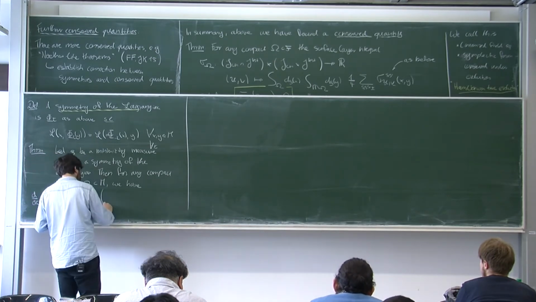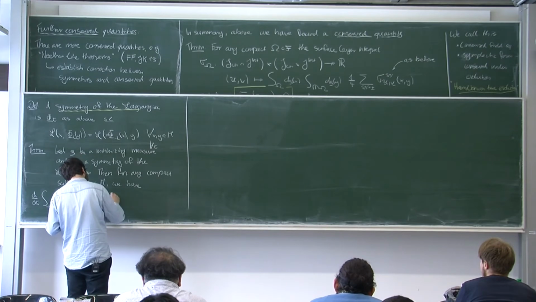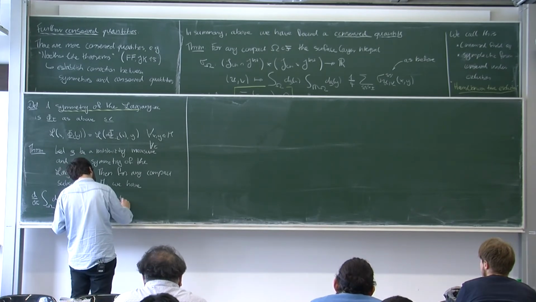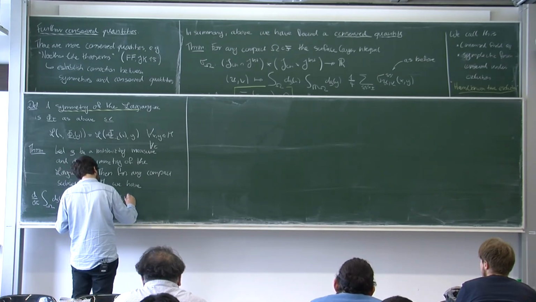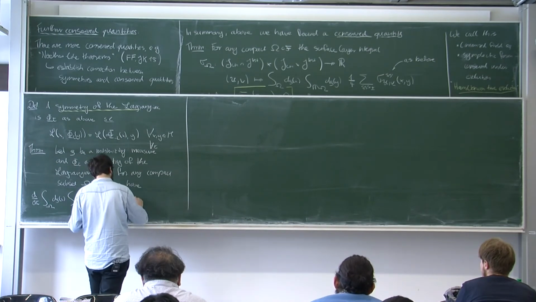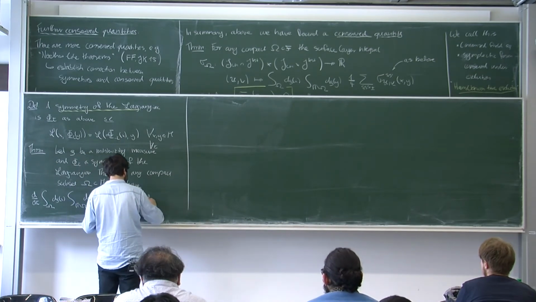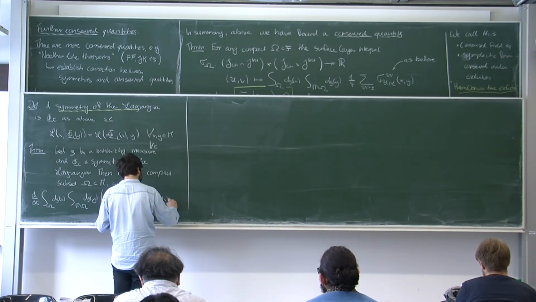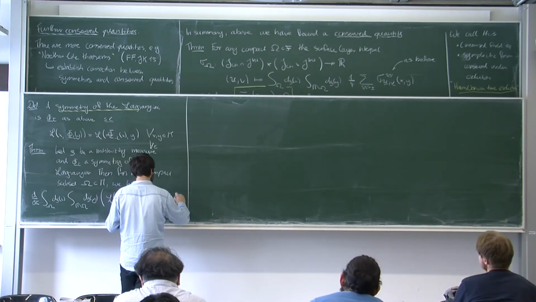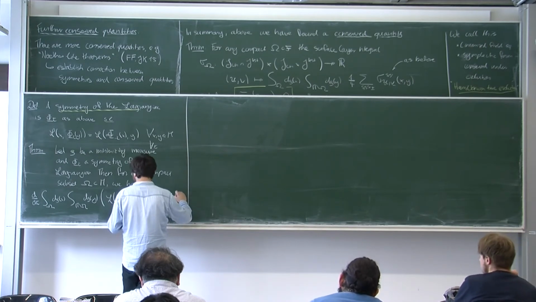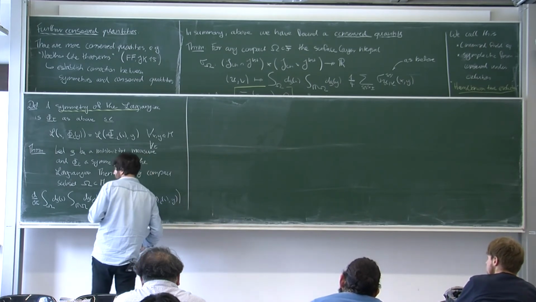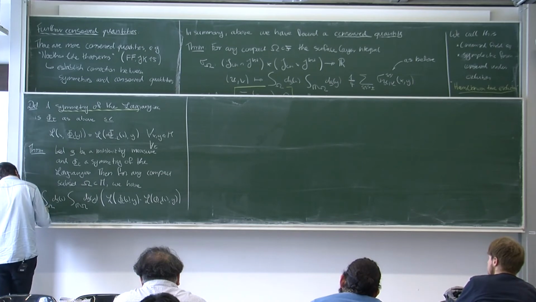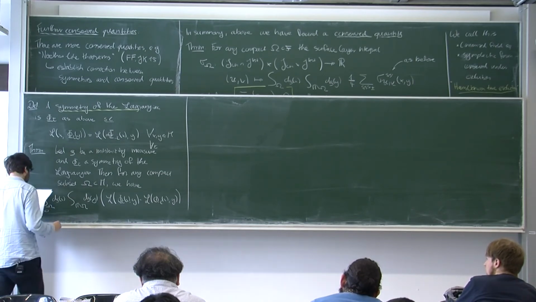The quantity is basically L of phi tau of x, y minus L of phi minus tau of x, y. And this integration here, I should say, the derivative at tau equals 0. And this is 0.